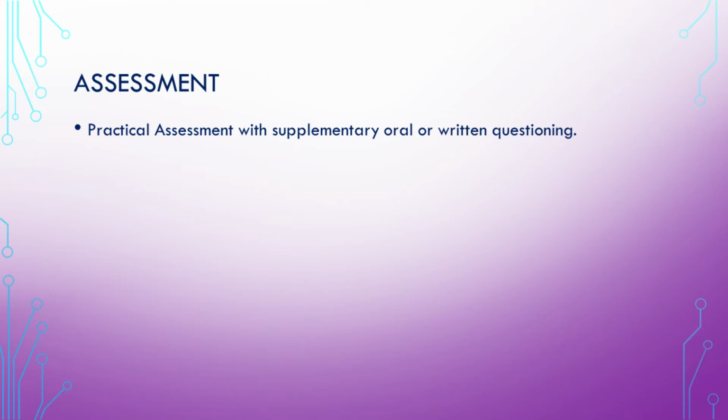To supplement that, you have some oral or written questions, depending how the centre and the awarding body decides to implement that aspect of it. So you'll be given short knowledge questions for you to complete in relation to terminations and how you should terminate.